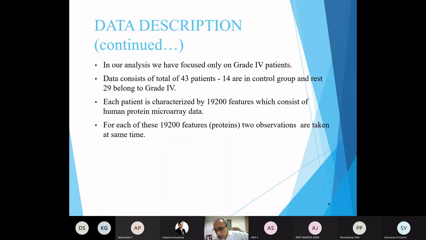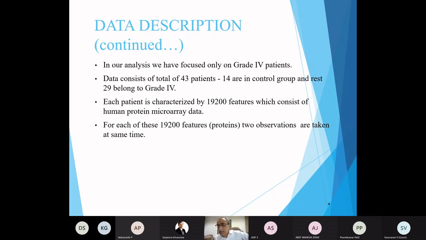So there are 43 rows and 19,200 columns. For each patient, row number 1, there are 19,200 observations. Row number 2, where the data related to patient 2 resides, again has 19,200 observations, row 3 has 19,200 observations, and the last row, number 43, again has 19,200 observations.